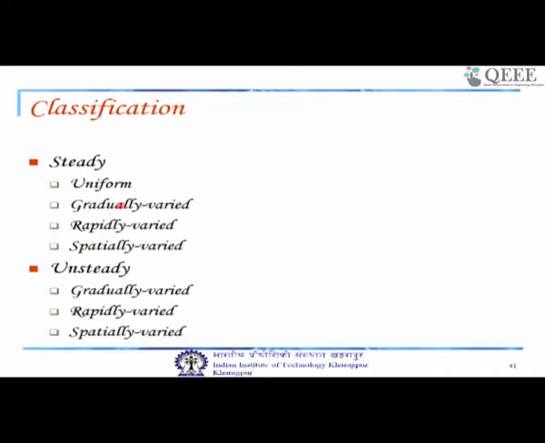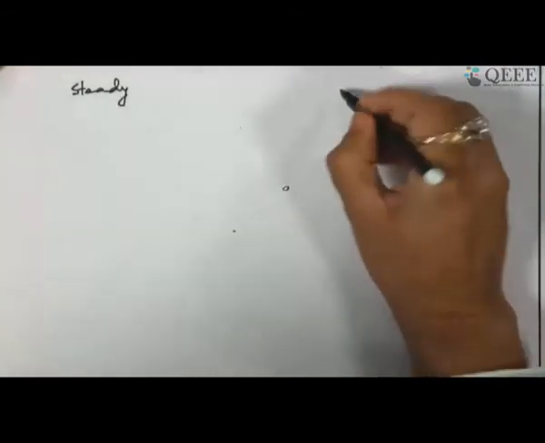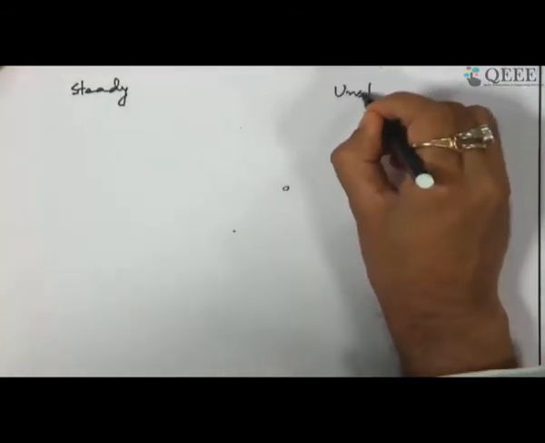So, let us classify this open channel flow based on steady and unsteady conditions. What is steady? Steady and unsteady.